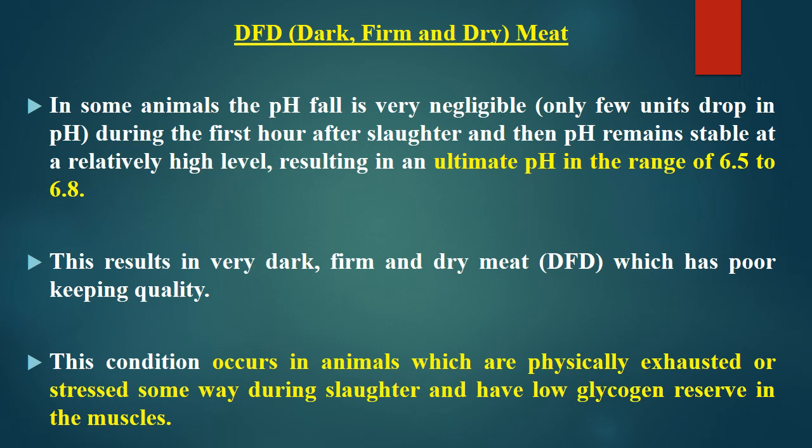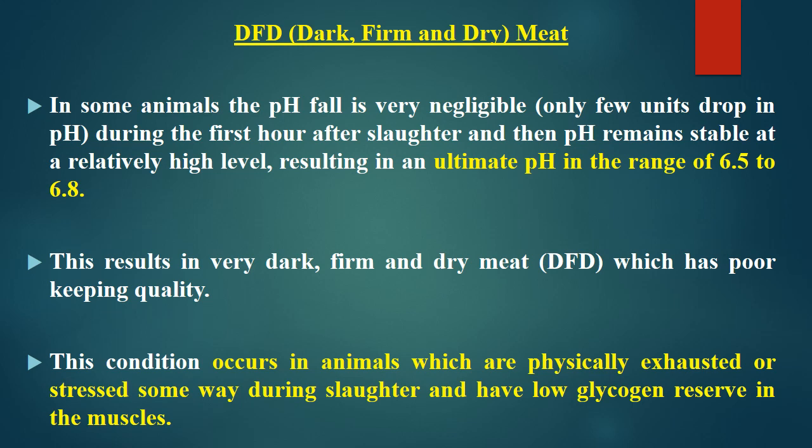When there is continuous slow-level stress, particularly when the animals are transported over a long distance, there is continuous stress leading to glycolysis, and finally when the animal goes for slaughter, there is very poor glycogen reserve. So the normal changes, anaerobic glycolysis, do not happen after slaughter. That's the cause.